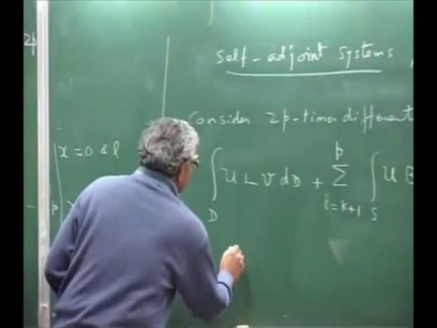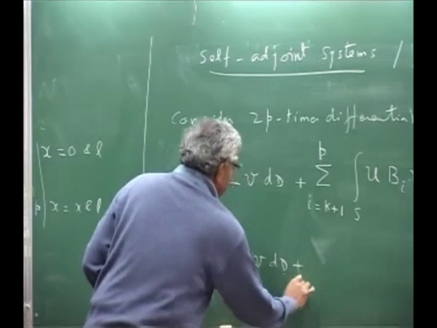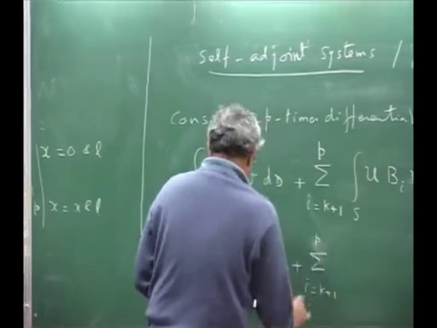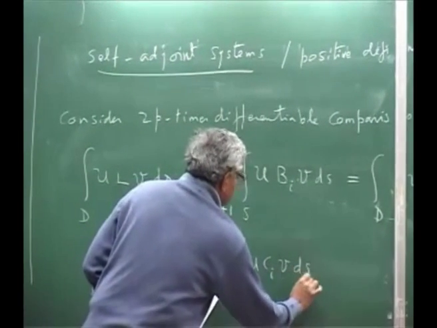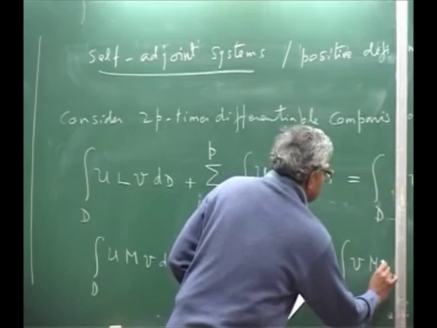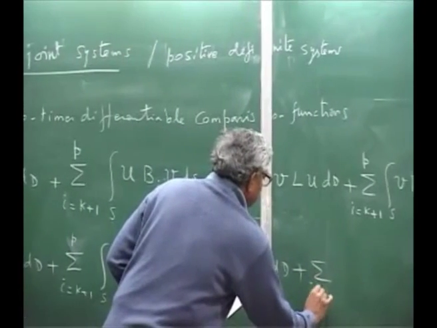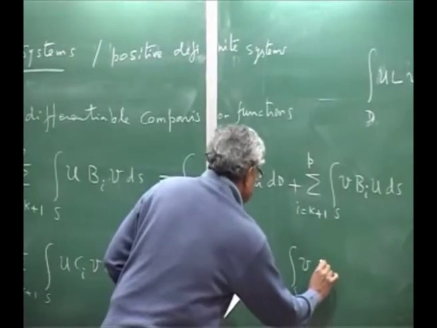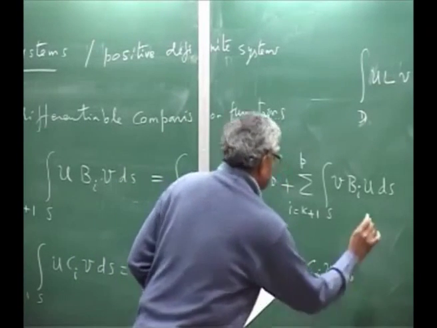That equation will also look like this: integral of U capital M V, but here you add only the other conditions, summation from k plus 1 to P, equals integral of V capital M U plus summation I running from k plus 1 to P of V C I U ds.